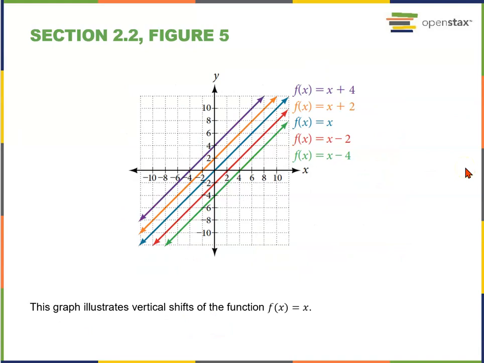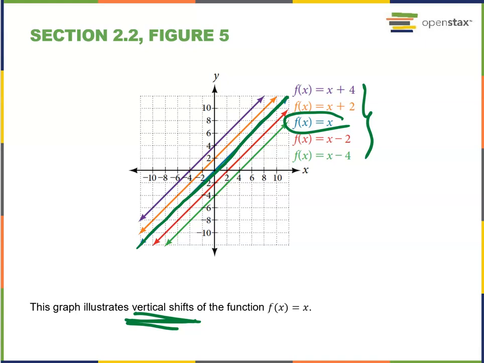Next, the graph illustrates the vertical shifts of the function f of x is equal to x. Vertical shifts. So the given f of x is equal to x, this is that line here. Now what do you notice about the other functions? Yes, +4, +2, meaning you just go up.